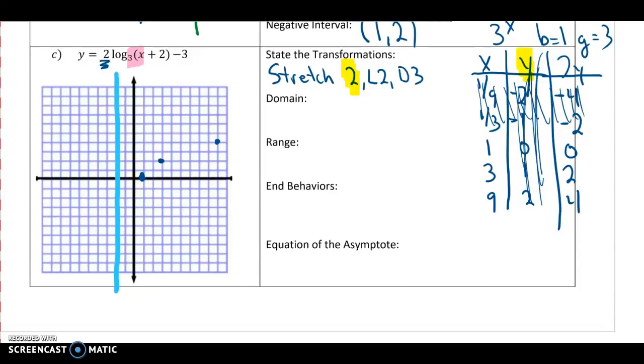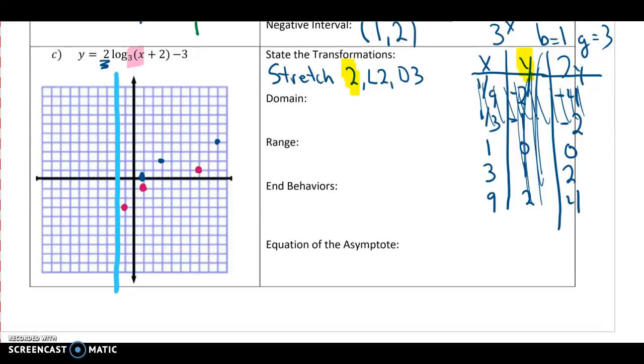And now I'm going to take the points and move them over. So each point is going to go left 2 and down 3. So 1, 0 goes left 2, down 3. Let's see. 3, 2 will go left 2 and down 3. And 9, 4 will go left 2 and down 3.